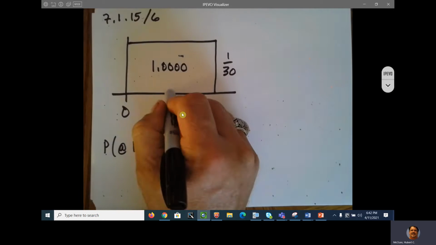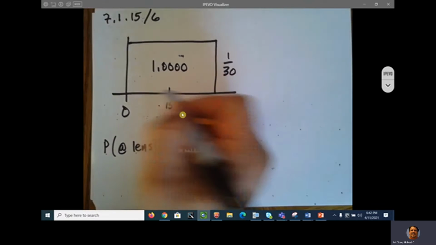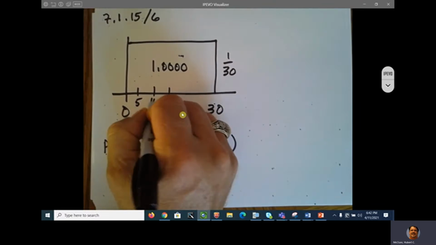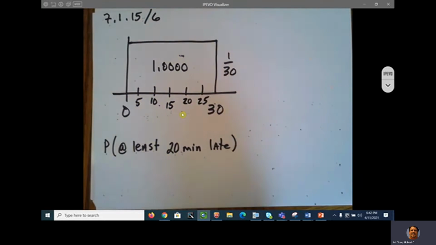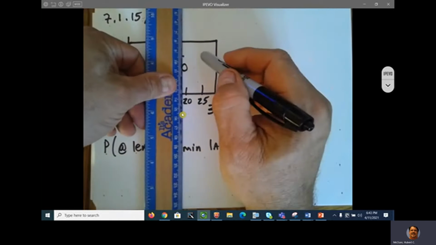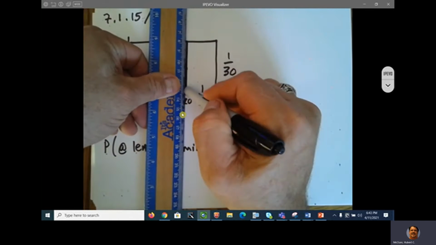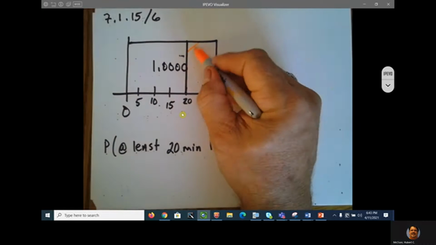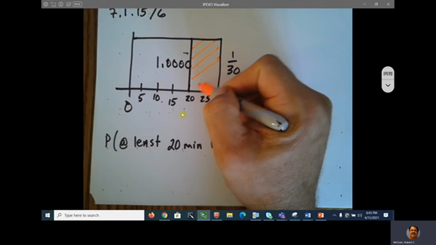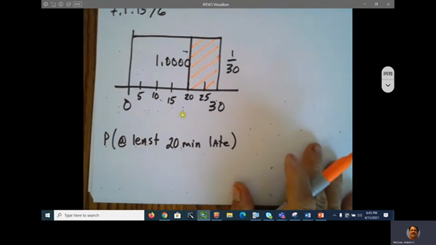And we know this is 15, and this is 5, and this is 10, and this is 20, and this is 25. And we draw a line at 20. And what does at least mean? That means that 20 is the lowest number. So if 20 is the lowest number, that means everything to the right of it. So they want to know the area of orange.